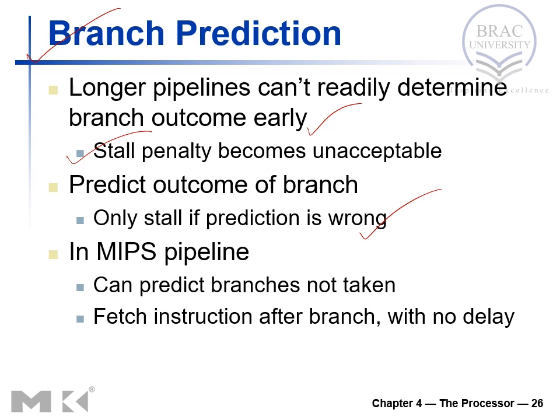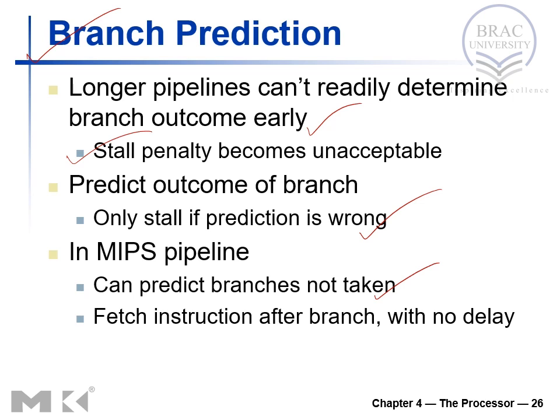In the MIPS pipeline we can predict branch not taken. This is one option that can be considered, that the branch will not be taken. So no matter what the instruction is, it will always be sequential execution. So we take the next instruction after the branch instruction and feed it into the pipeline.